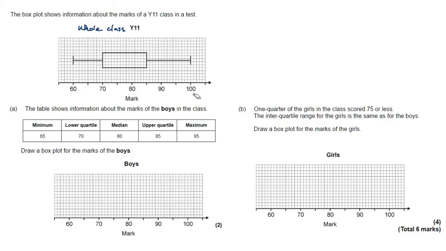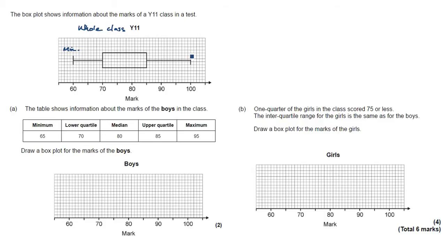We can only read our summary statistics from the x-axis or the horizontal scale. And what have we got then that we can read off from this graph? Well, here we've got the lowest mark, and the lowest mark we generally call the minimum. So this point here is known as the minimum, and then the maximum that this box plot reaches, so the spread of the box plot is from maximum to minimum.